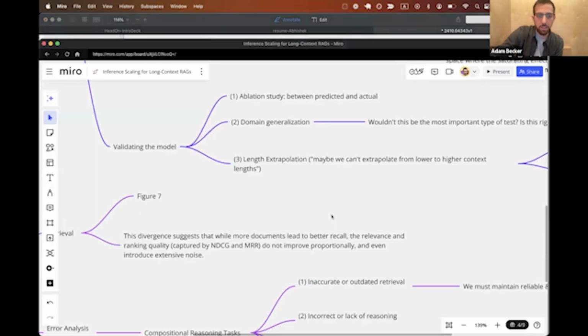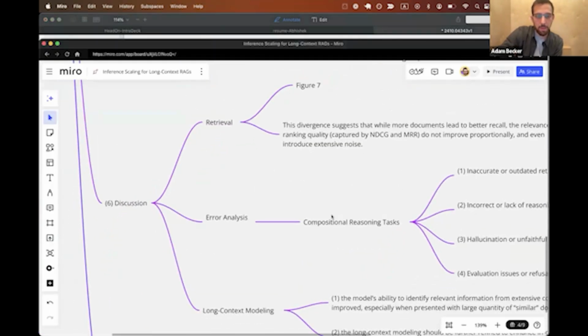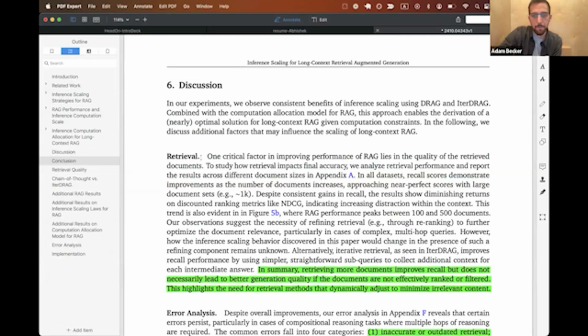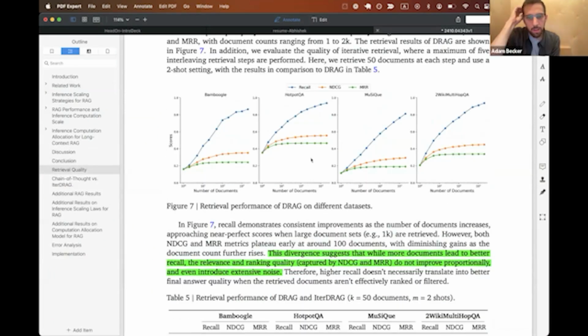Okay, some discussion here too. One thing they point to as very important is retrieval. The more documents you include, you are increasing your recall. It doesn't stop, right? At some point you're going to get to 100%.